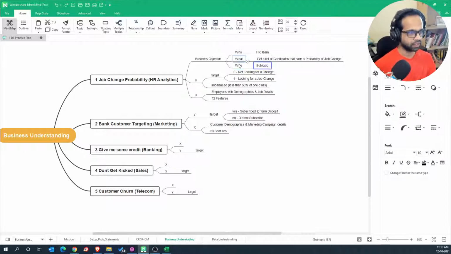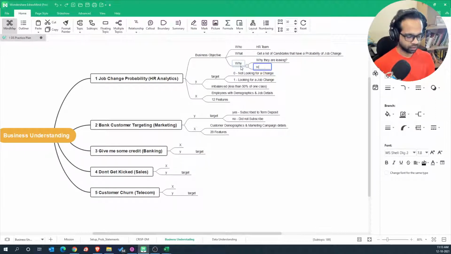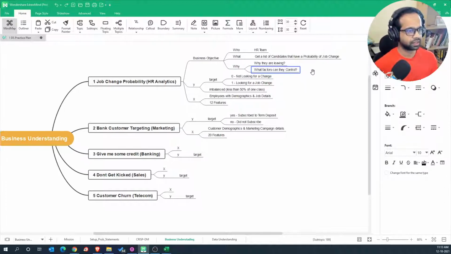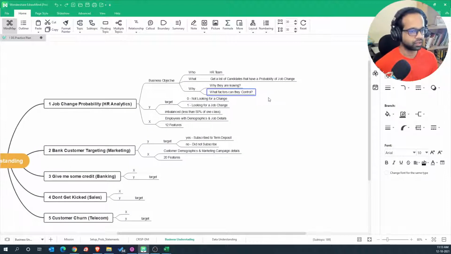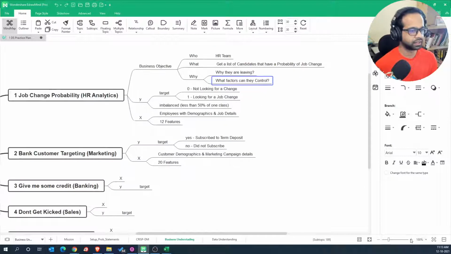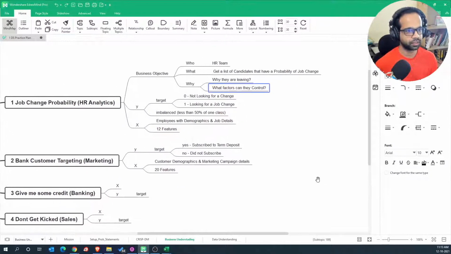Why are they leaving? What factors can they control? There will be something that is motivating them to leave, so what is it that the HR can intervene on in this particular scenario?